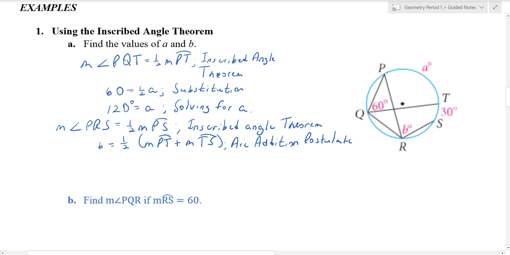In this case, we have arc PS right here, but within PS, we have PT right here, and we have TS as well right there. So now that we have that, we can say that this equals 1/2 times 120 plus 30, and that is by using substitution.